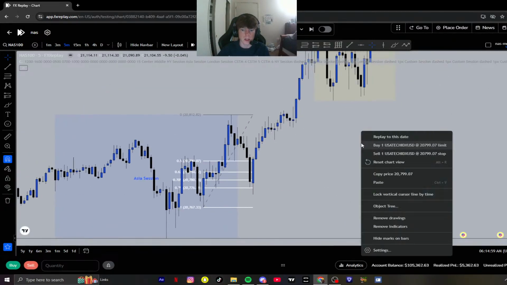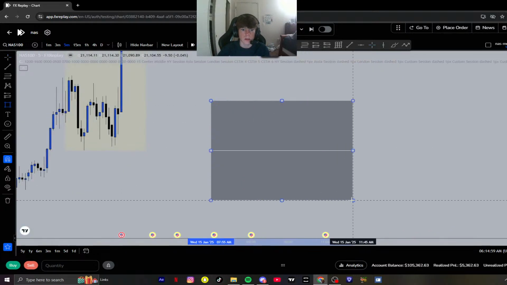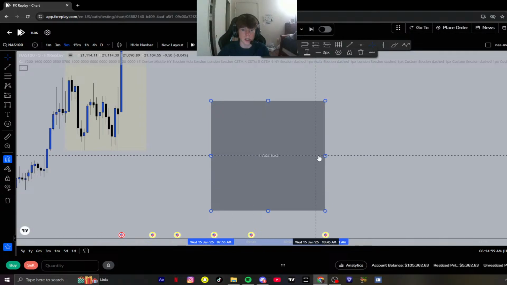So that's essentially what equilibrium is. This could be CE or equilibrium. CE and equilibrium are basically the same thing. It's the middle of a zone, except the difference is the CE is where you're going to take your entry, and the equilibrium is premium and discount.